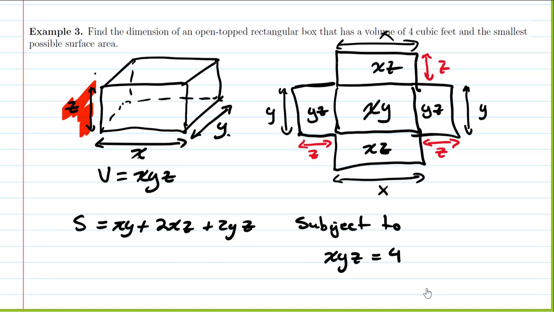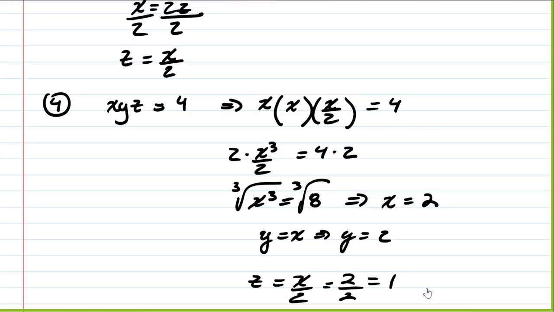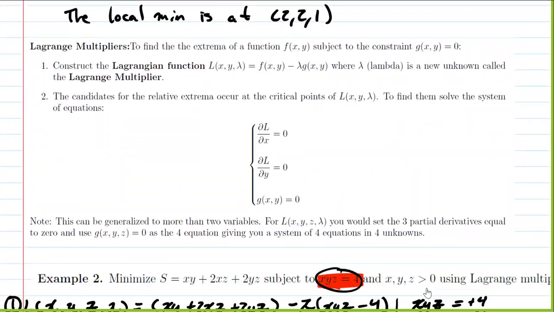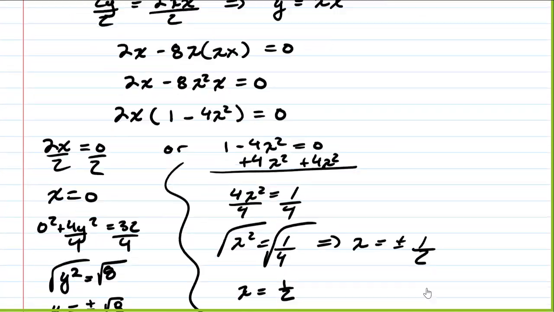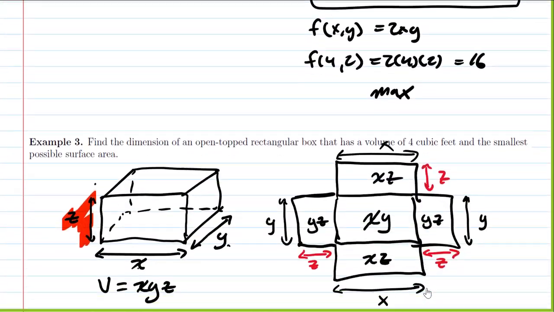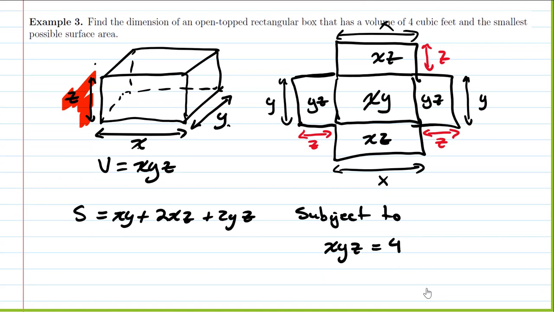Okay, well, it turns out we actually did this problem. This was exactly example number 1. Because if you go back and look at example number 1, or example number 2, they're both the same, what did it ask us to do? Minimize S equals xy plus 2xz plus 2yz subject to the constraint x times y times z equals 4. So the problem that we actually did in examples 1 and 2 was to solve this problem.